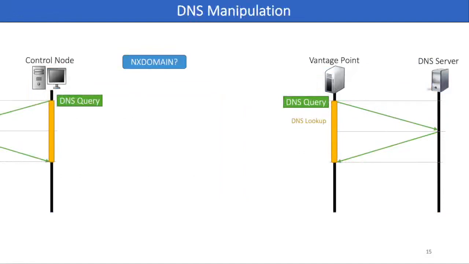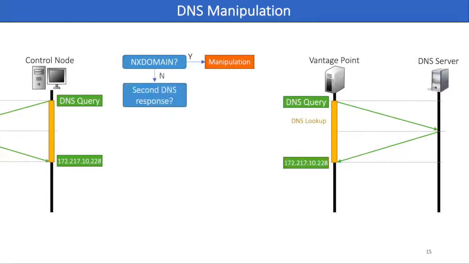For DNS manipulation detection, ICLab requires DNS responses to the same DNS query from a control node and a vantage point. If a vantage point receives NXDOMAIN, but a control node receives an IP address, we classify it as manipulation.